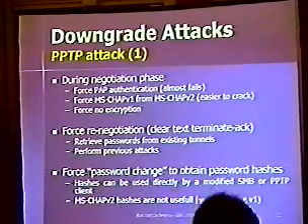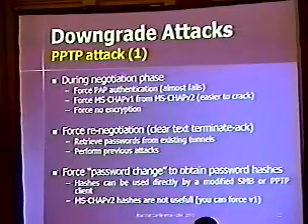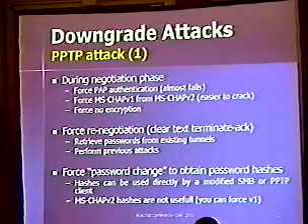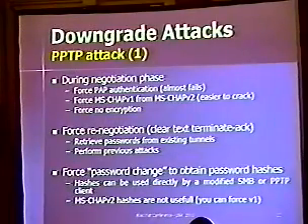For example, we can force PAP authentication. We can force MSCHAP version 1 authentication instead of MSCHAP version 2. We can force no encryption. We can force any parameter we want to the value we desire.